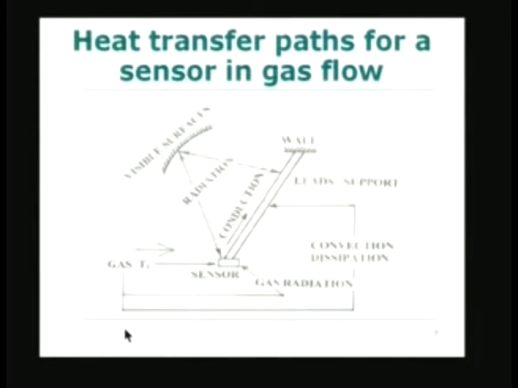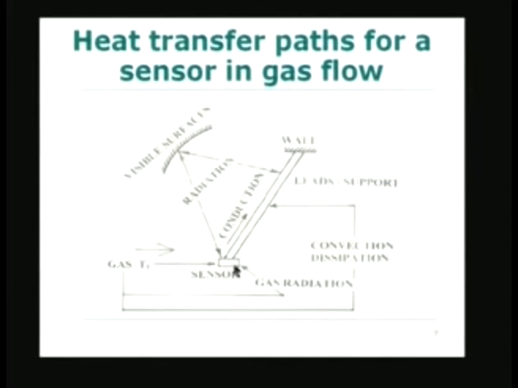So, we will try to now summarize the observations we have made in the previous cases by considering all the different paths for heat transfer in an arrangement where we want to measure the temperature of a flowing gas stream. The sensor is the central thing, and it is connected to the walls by a lead or some support arrangement.